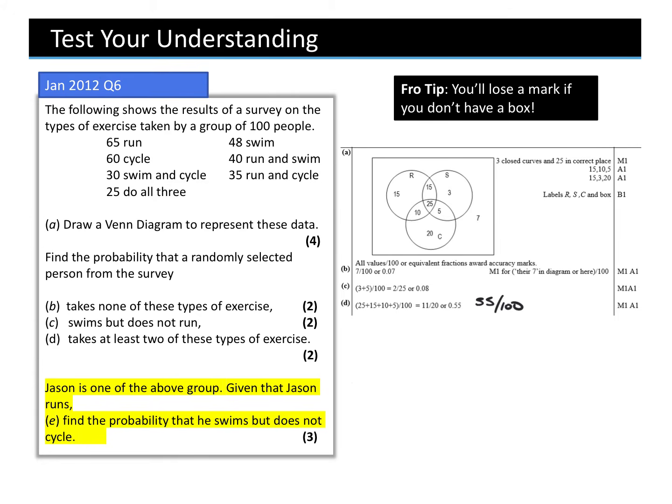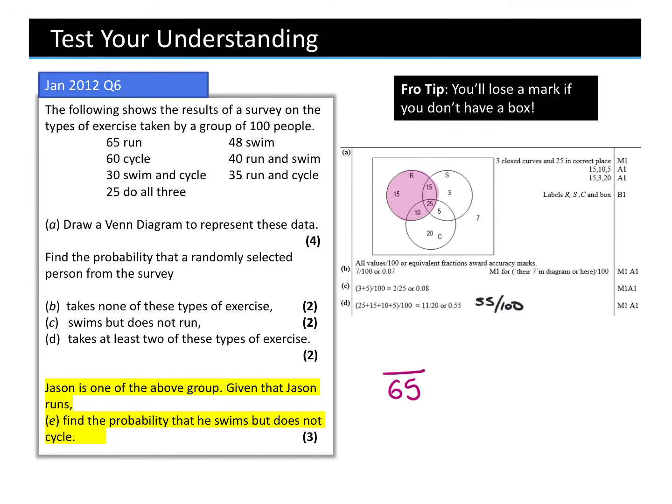So, the key is in the sentence. Given that Jason runs, okay? Given that he is a runner means given that he is one of these people right here. How many of these people are there in total? 65. So our probability is going to be out of 65 because this is given that Jason is a runner.